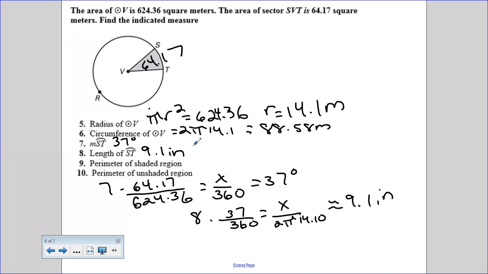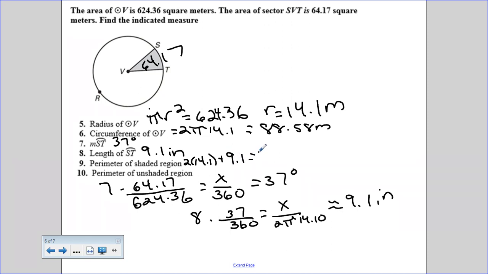Okay, so now that I have that, the perimeter of the shaded region, so I'm going to do SV plus VT plus ST. So I have two radii. Right? So I'm going to do 2 times 14.1 plus, we found the measure of that arc is 9.1.